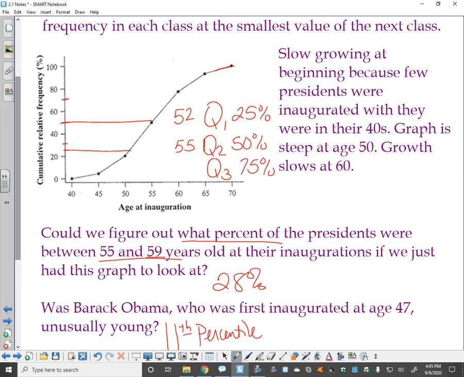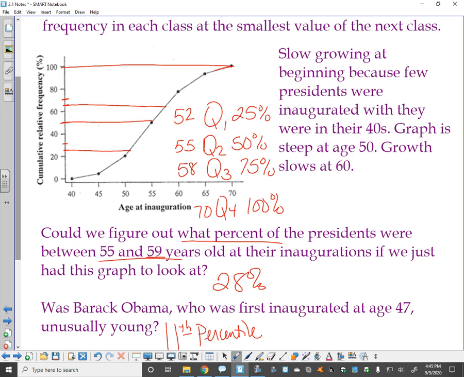There's 70, there's 75. I don't know, 58 maybe? And then Q4 is the 100th percentile. So that's going to be your top piece, which is going to be 70.